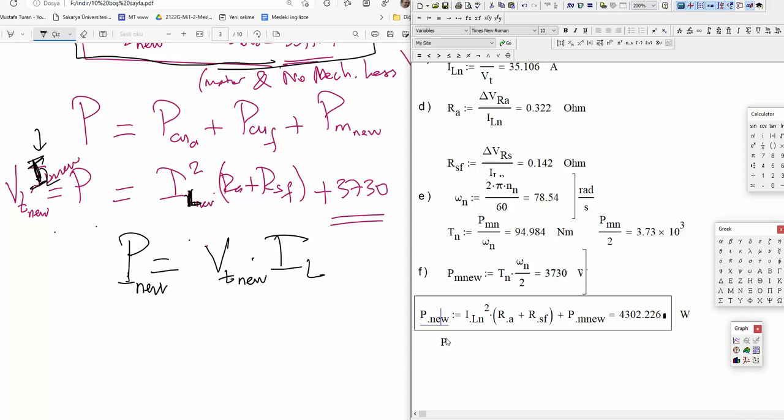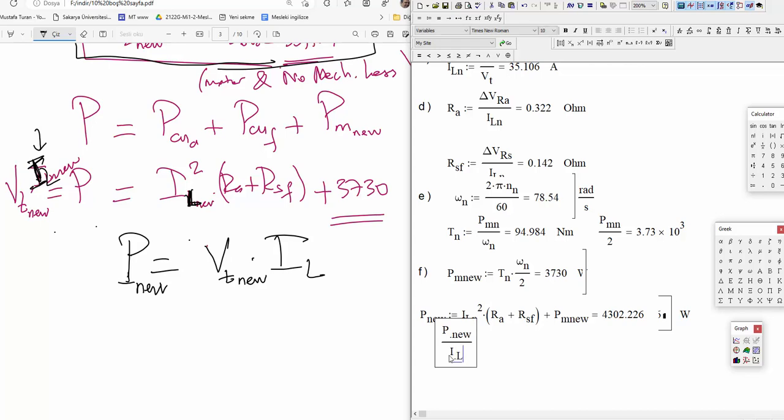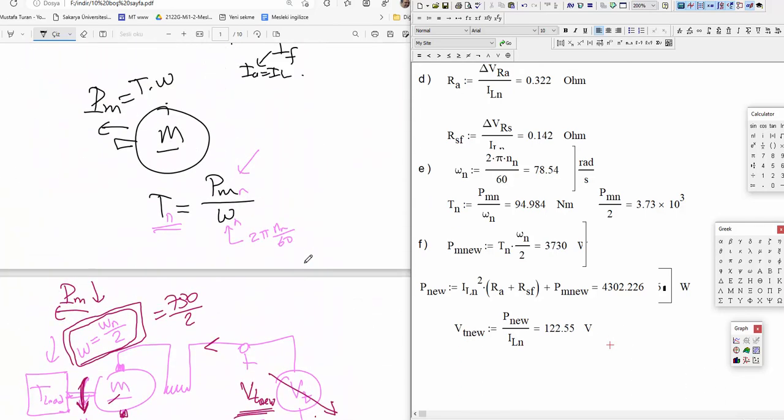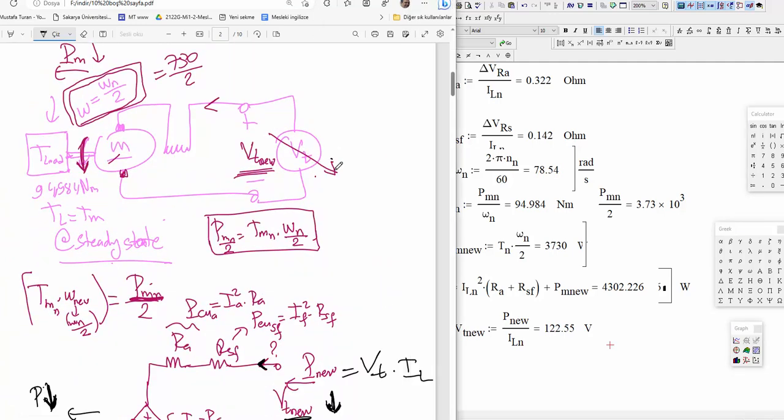Okay, power new over a load current, which is rated value, old value, that will bring out new terminal voltage, which is 122.55 volts.